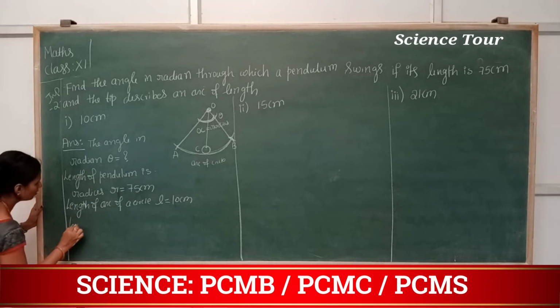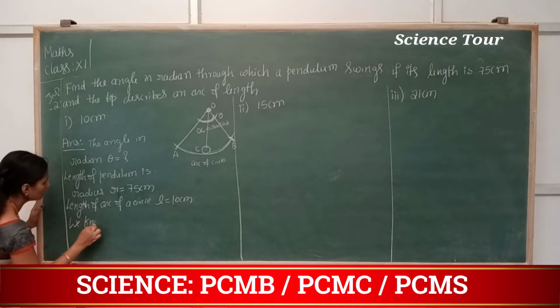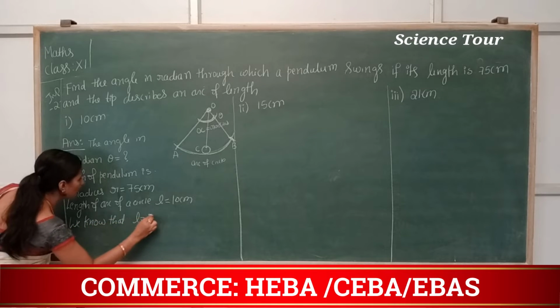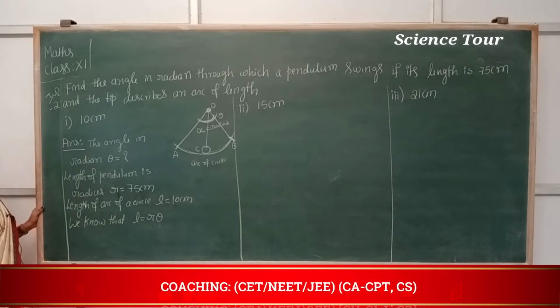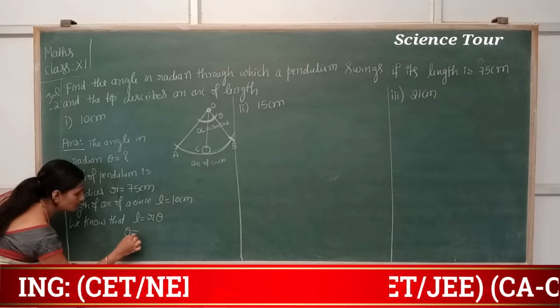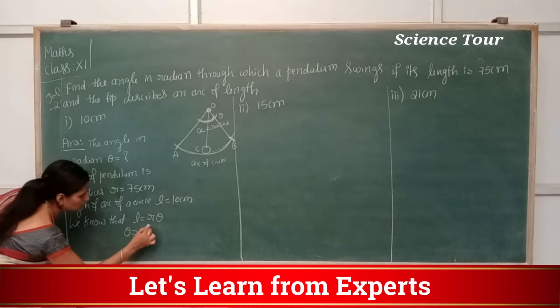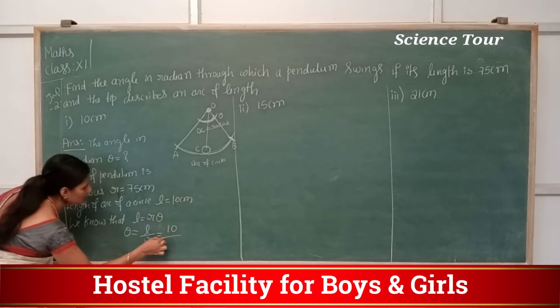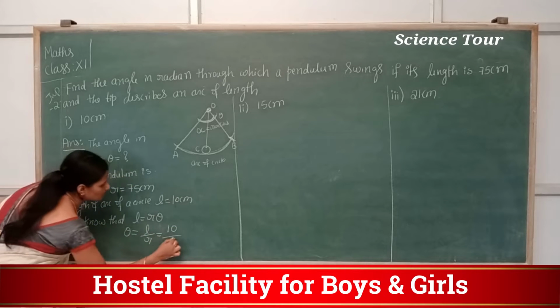We know that L is equal to r theta. So theta is equal to, by rearrangement, L divided by r. L is 10 divided by radius, which is 75.